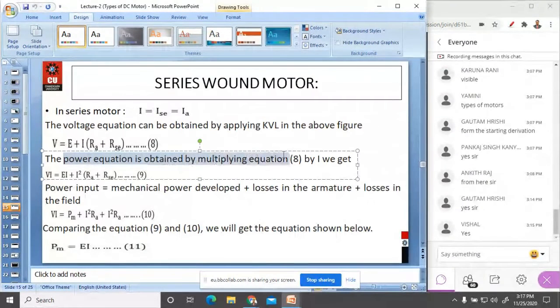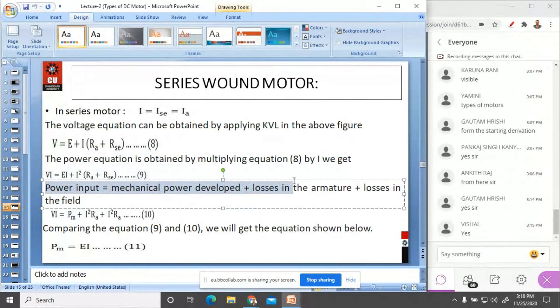Now the power equation is obtained by multiplying equation 8 by I. So I square R and some losses are also present. We have to write these equations. Now this power input is equal to the mechanical power developed plus losses in the armature plus losses in the field.